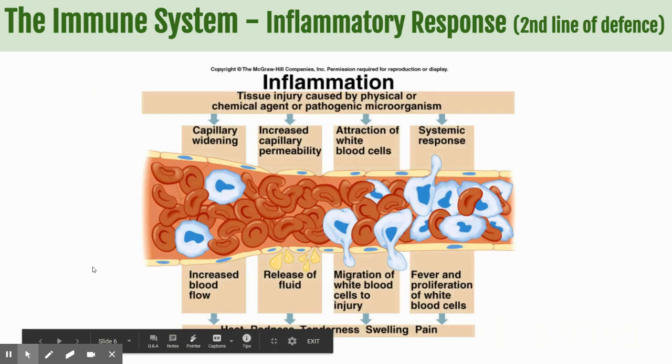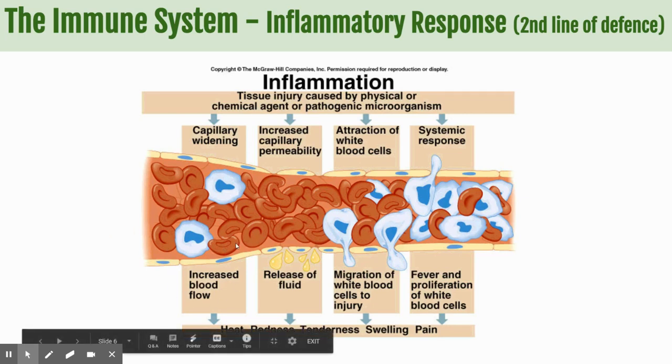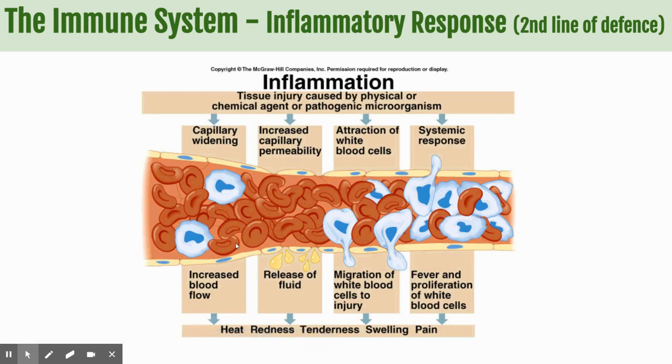There's another diagram of inflammation. It also shows the capillaries widen because we're increasing the blood flow to the area where there's been a breach, because all these white blood cells also want to come to this area.